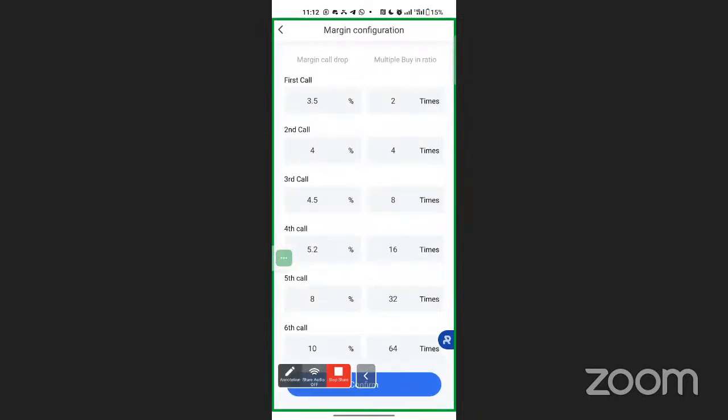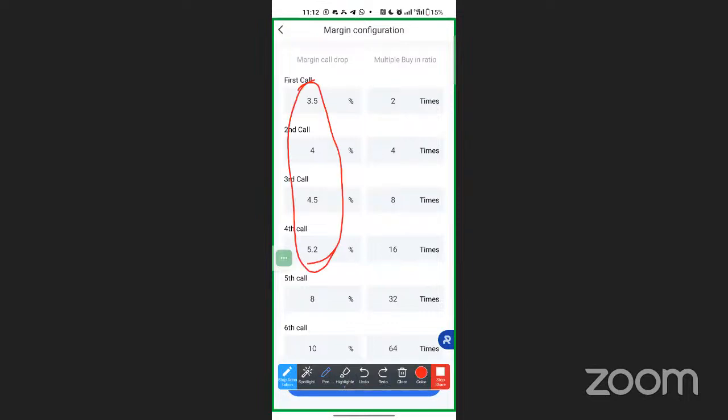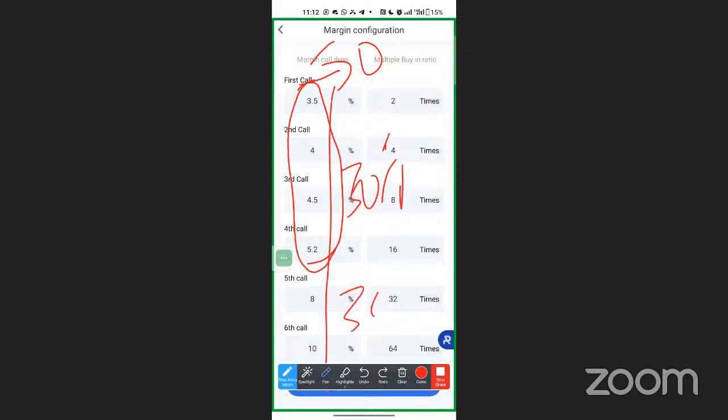if you have capital, for example, the settings we have from $500 and above, they are 30% drop size. So from the first call to the 20th call, it is 30%. So if the coin drops 30%, the robot will sell.